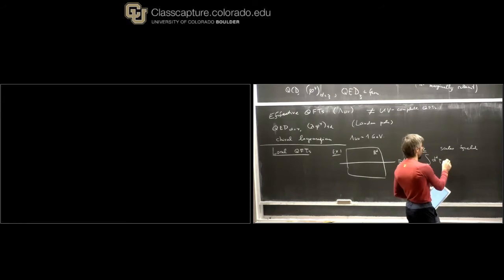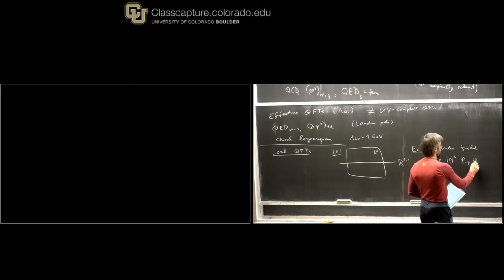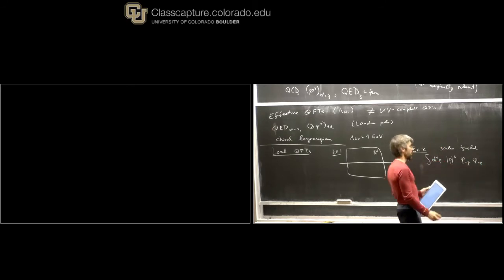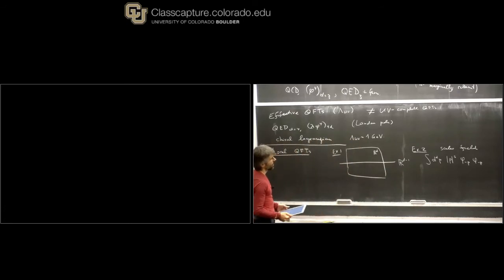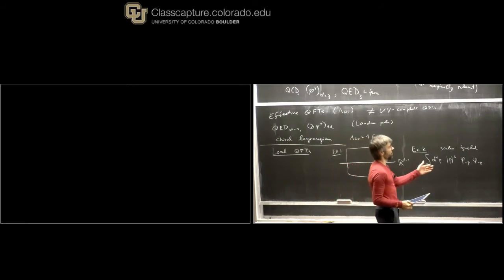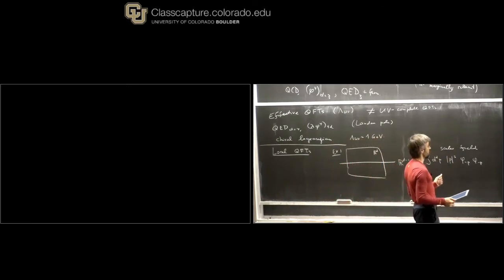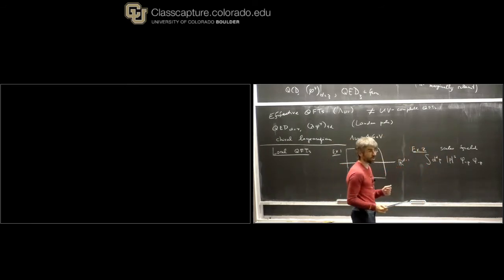I'm going to choose my action in momentum space to have a non-integer power of p. So if s is equal to 2, then this is just a free massless scalar field. If s is not equal to 2, then this is a non-local theory.